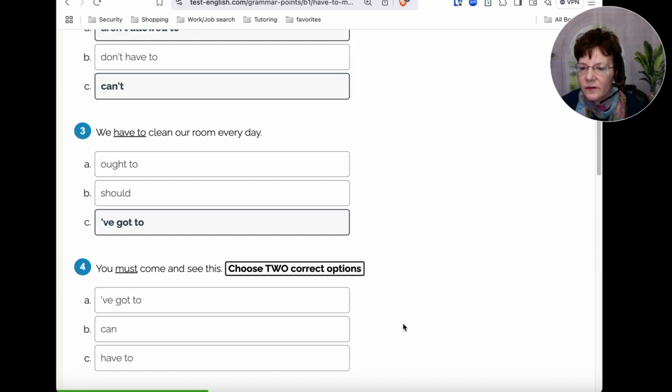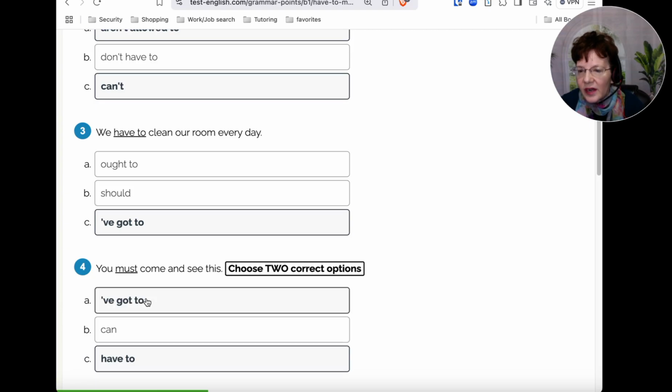So have got to, can, or have to. You've seen the example where they say you have to see this movie. So if you chose option C, there's that, but you can also say it's about the same. Option A, have got to.